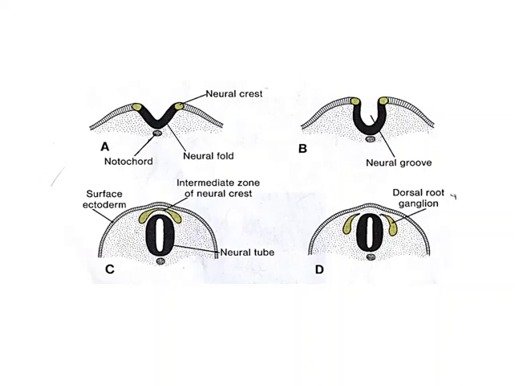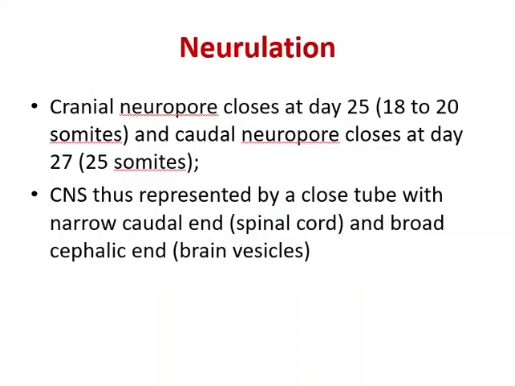Regarding neurulation, or formation of the neural tube and central nervous system, the neural tube has two open ends. The cranial neuropore, or the cranial opening of the neural tube, closes at day 25, and the caudal neuropore closes at day 27.